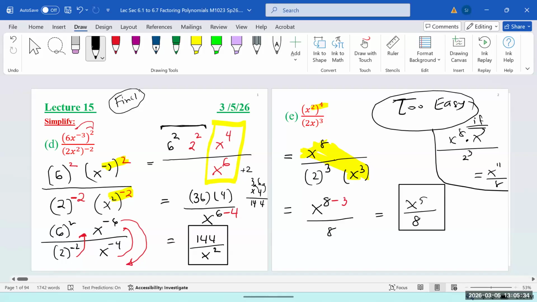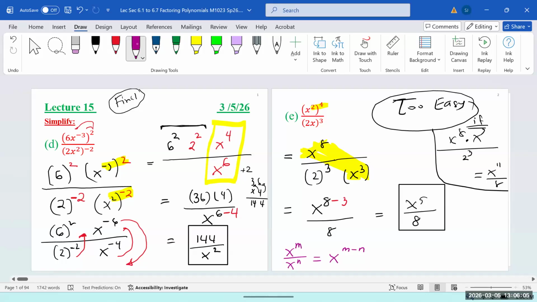Which last part? Here. So we have x to the 8 divided by x cubed. So it's a division rule. If you remember the rule, if we have x to the m divided by x to the n, what's the rule? Addition or subtraction, which one? M minus n, based on the position. So if m is bigger, then it's m minus n on the numerator.